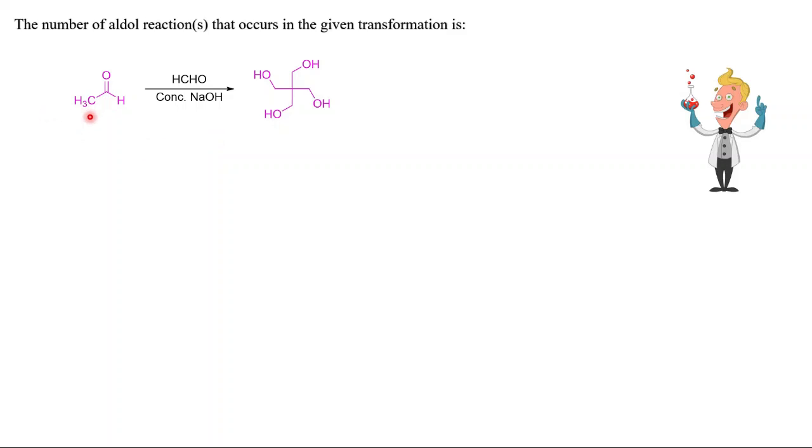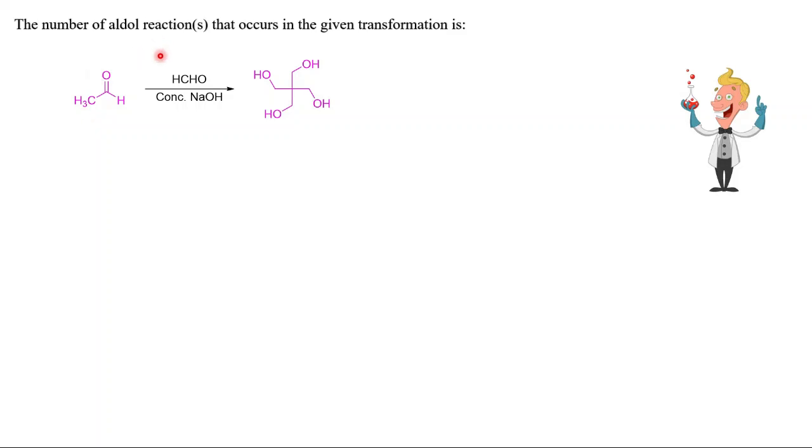It is a very common reaction, the aldol reaction. It first abstracts an alpha hydrogen, then that reacts with another aldehyde and the condensation product is formed. So the number of alpha hydrogens determines the number of steps.